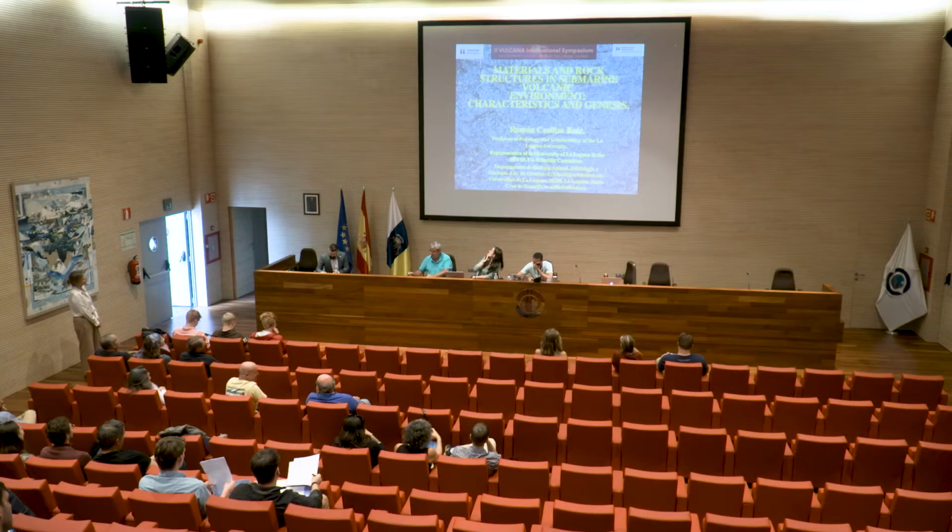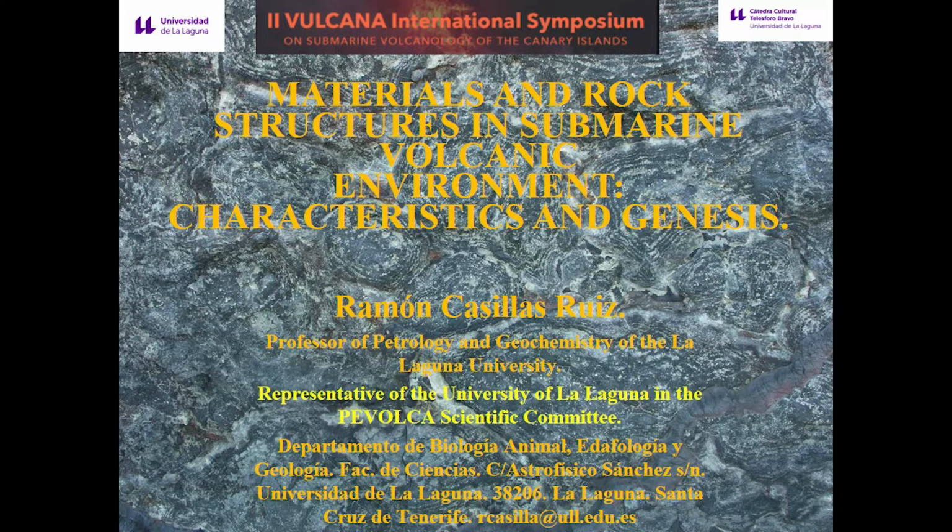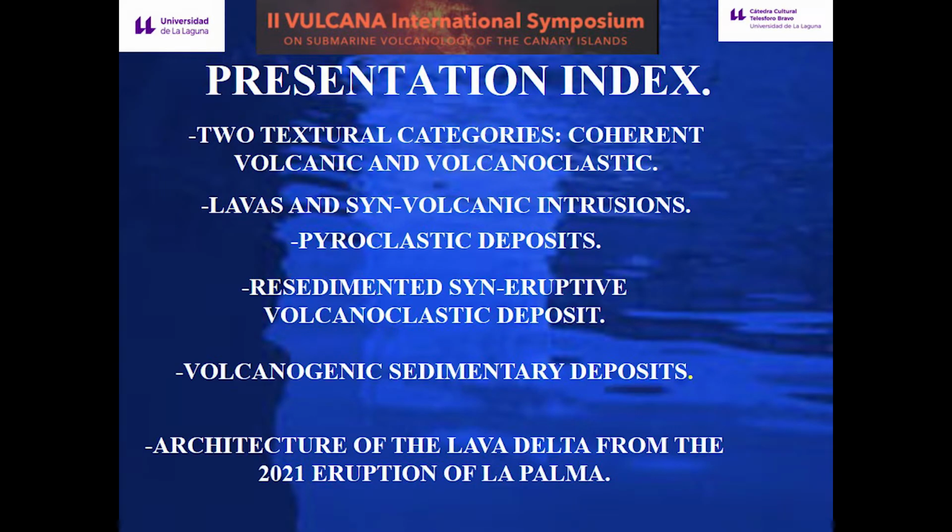And we try to speak about the different submarine phenomena or processes and also the deposits. Well, the lecture is divided in several themes. At the beginning, we speak about the two textural categories in the volcanic rocks, coherent volcanic and volcanoclastic.